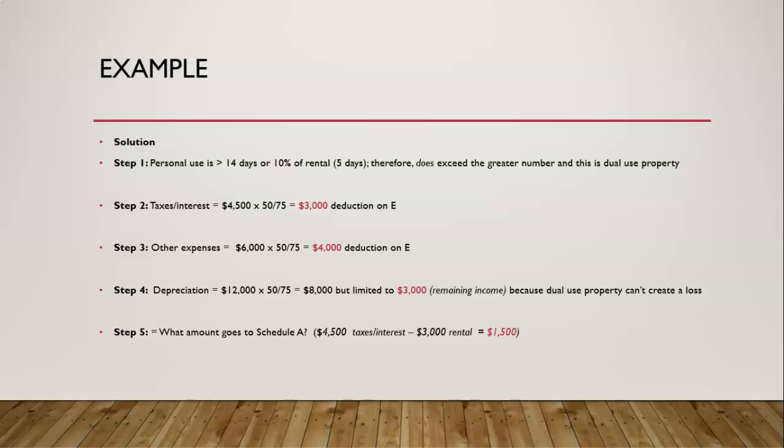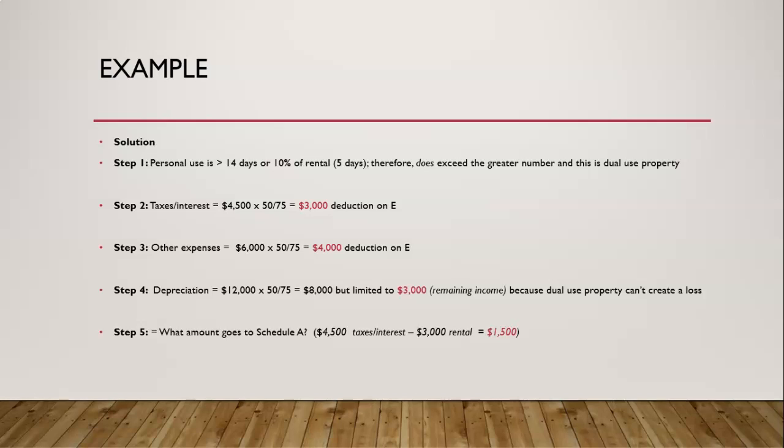Now, as far as Schedule A for my personal section, that was 1/3. Taxes and interest together is 4,500 minus the 3,000 rental or times 1/3. Either way is 1,500.